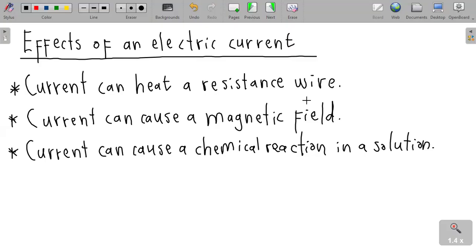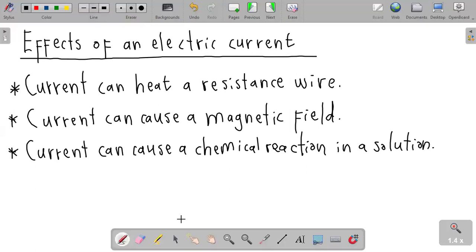So now, let's look at the first one. Heat in a resistance wire.